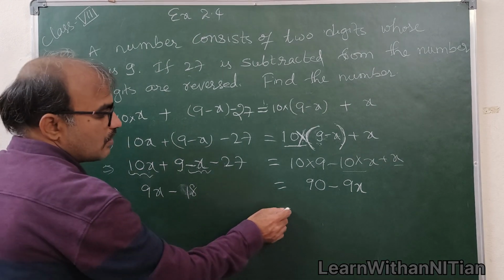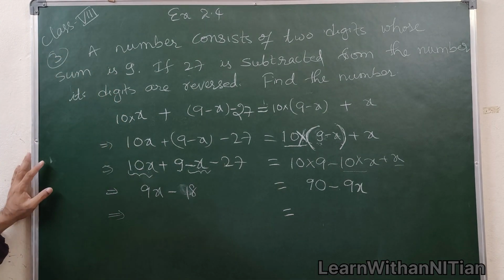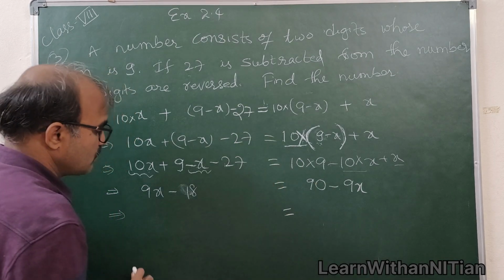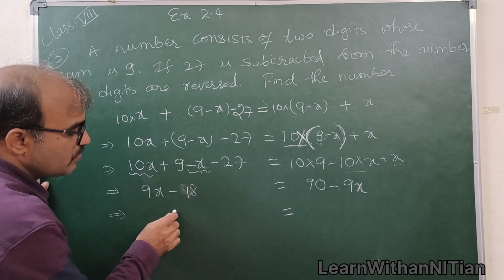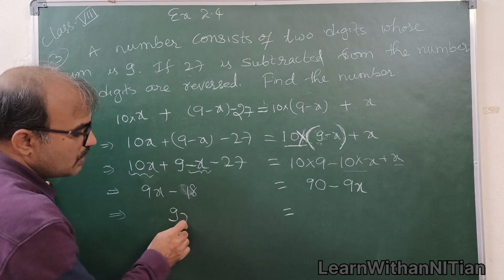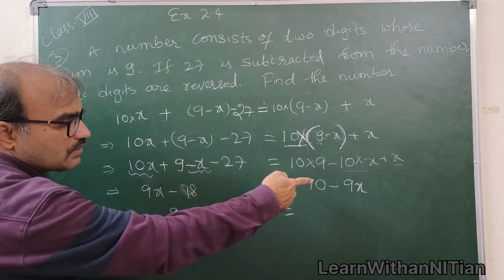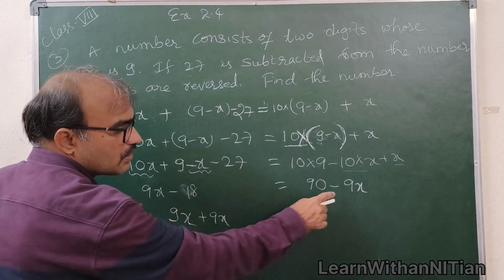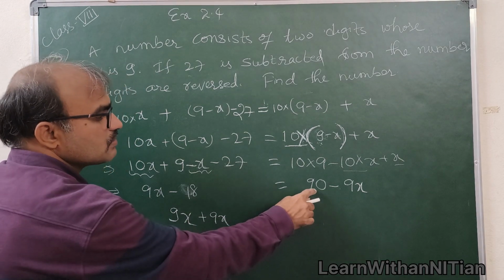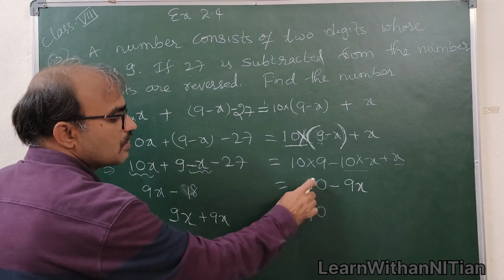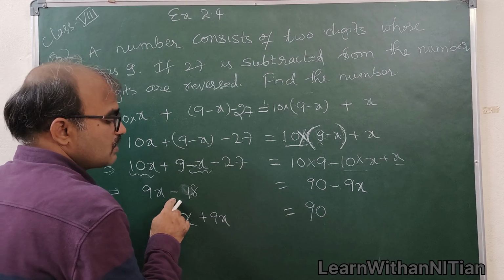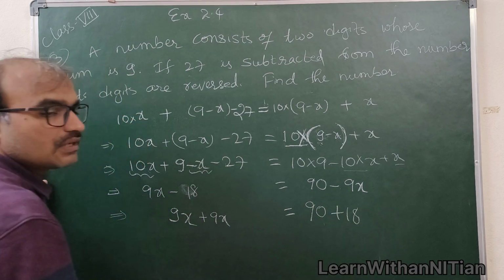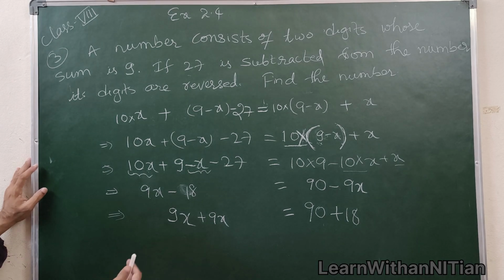Implies, next, all variable terms on the left side, constants on the right side. So this 9x is available on the left only, so write it as it is. The 9x we are bringing to the left side, so write plus 9x as there is minus 9x. The constant on the left side, when it goes to the right side, will become positive, so just change the symbols.